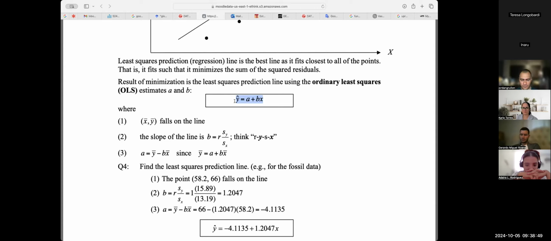What is the difference? How would you explain the difference between the line here that is known as the ordinary least squares regression line? What's the difference between this and a line in mathematics? You can put in the chat.